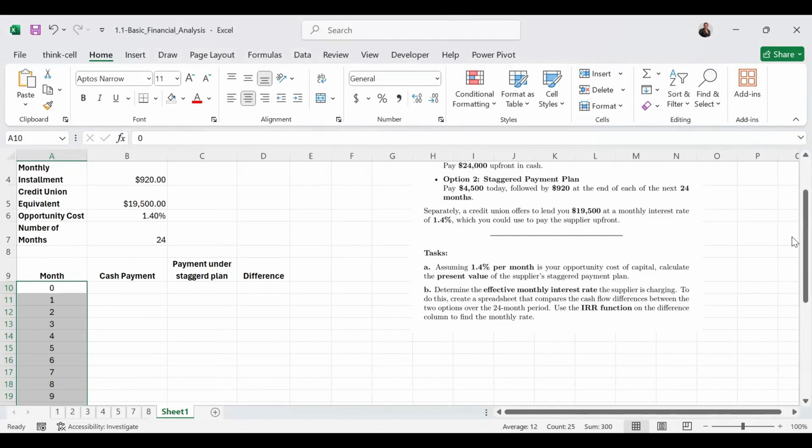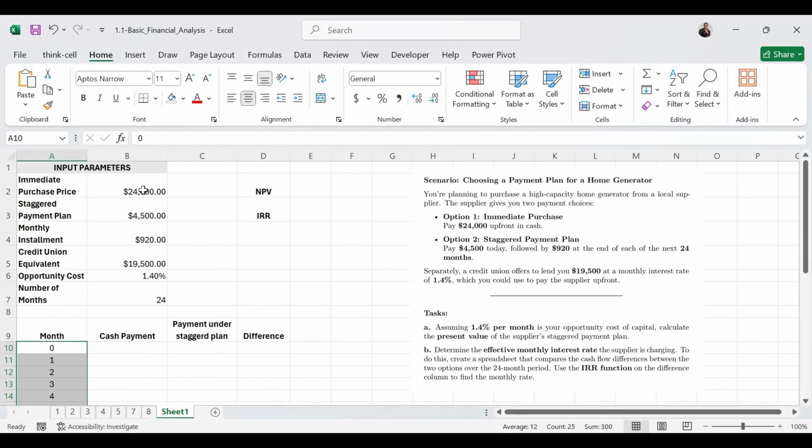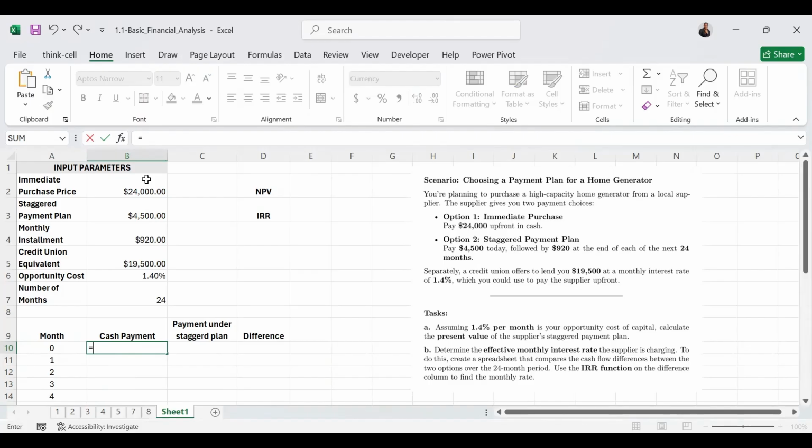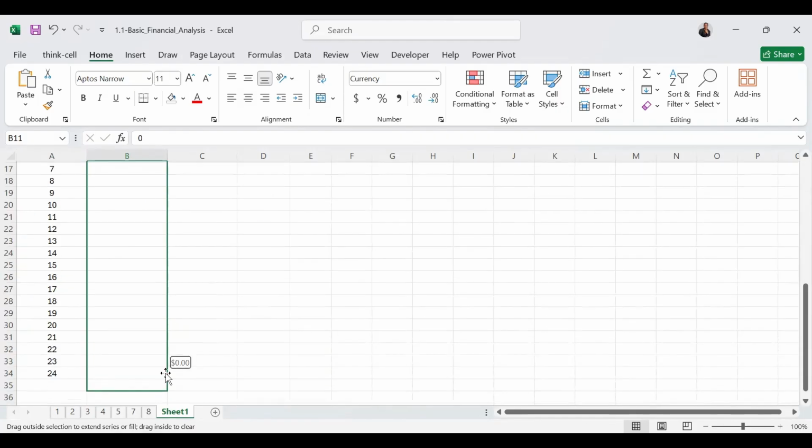My cash payment is $24,000, and this is what I will be making on the first day, that is today. So I will enter this $24,000 and make it absolute. Subsequently I will enter zeros and drag this 0 down to the 24.